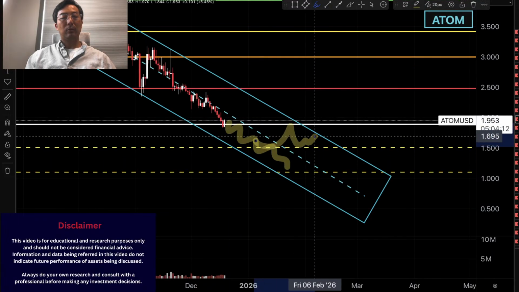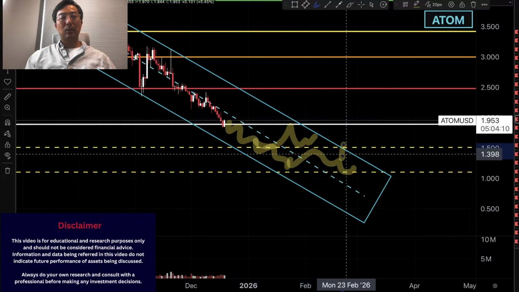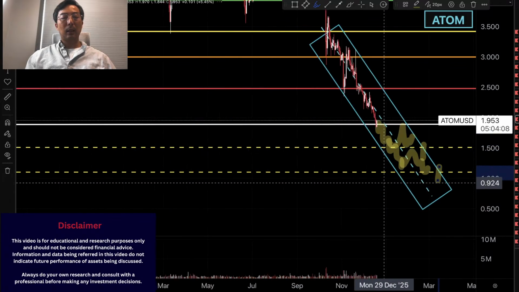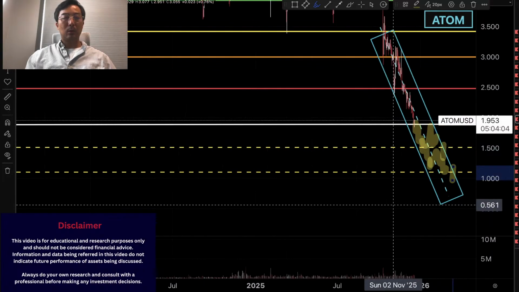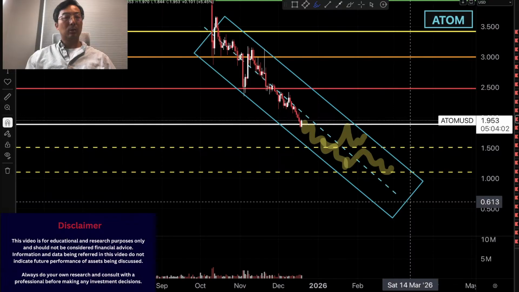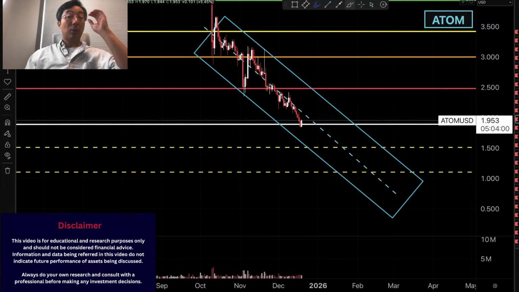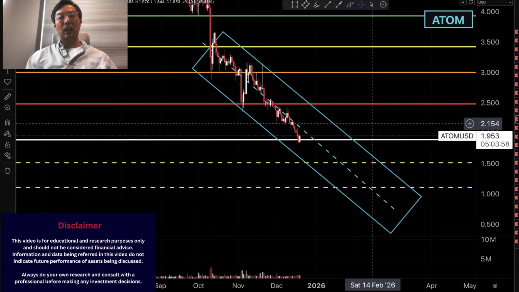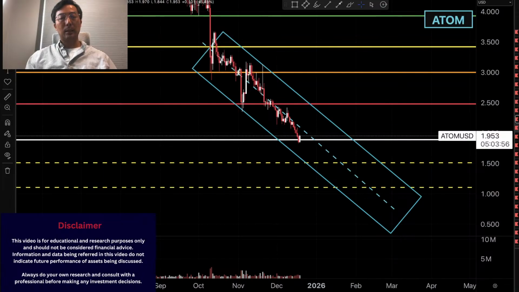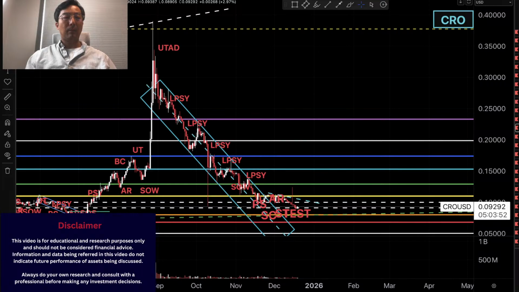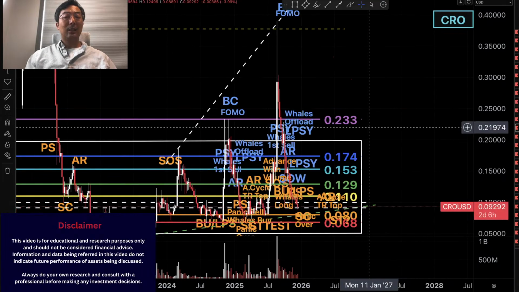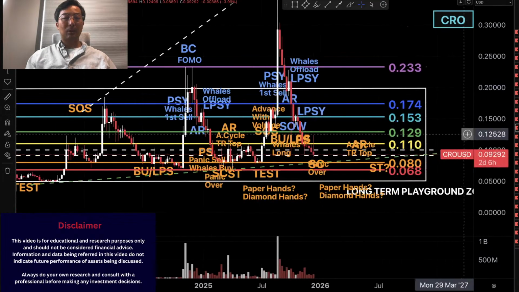So if it moves towards the stronger side, those two will realize. Otherwise, it's just going to seek a very low point or an all-time low. Some altcoins did that, and it won't be a surprise if Atom does the same. Not that I'm saying it has to, but there's a chance.